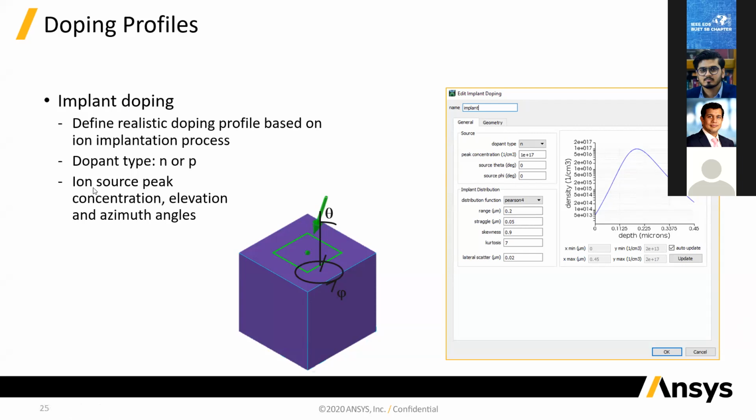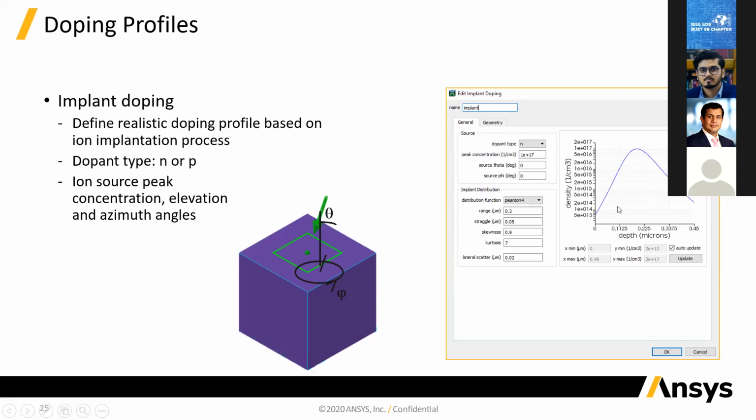The way you use this particular doping object is you have a mask opening defined by this green box here. And then you can define what the opening of this mask is and where it's located in your simulation volume. You can even define the angle of ion implant, so the angle at which the ions are coming in. That's defined here, along with the type of the dopant and the peak concentration that you will have in your profile.